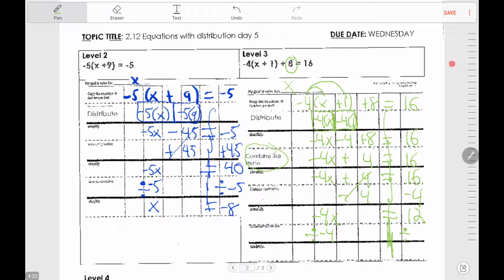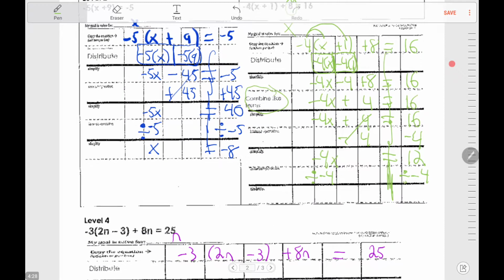Why are we dividing by -4? Because it's being multiplied by x, right? So those cancel. We have x equals 12 divided by -4. It's -3. X equals -3.